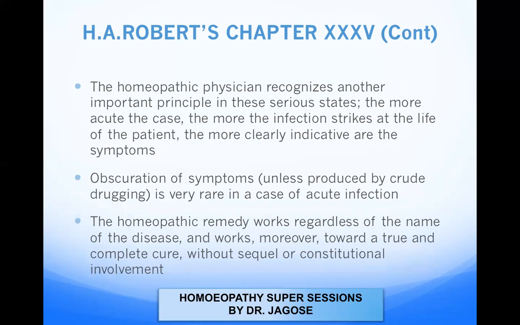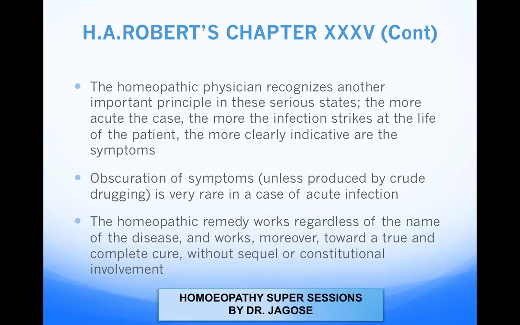The homeopathic physician recognizes another important principle in the serious states. The more acute the case, the more the infection strikes at the life of the patient, the more clearly indicative are the symptoms. As you all know, in acute disease, onset is sudden, it lasts for some time, either there is death or recovery. So therefore, Roberts says, the homeopathic physician recognizes another important principle in serious states, that the more acute the case, the more the infection strikes at the life of the patient.